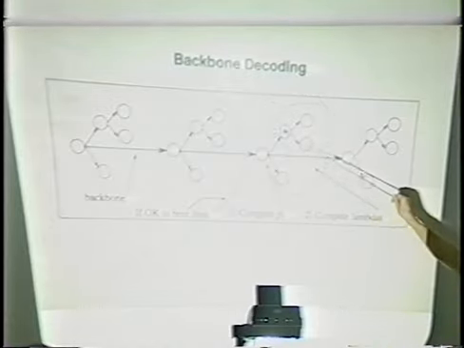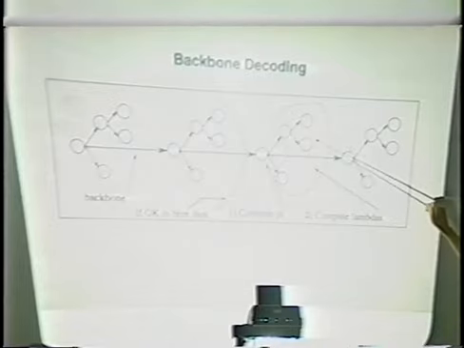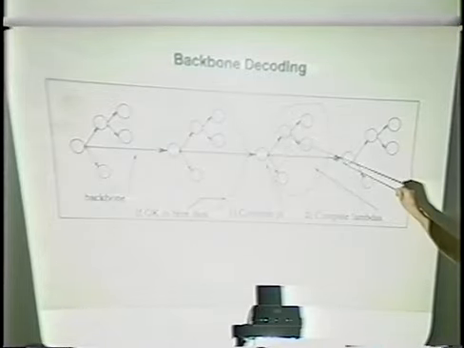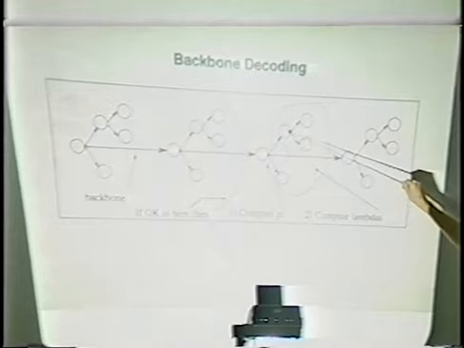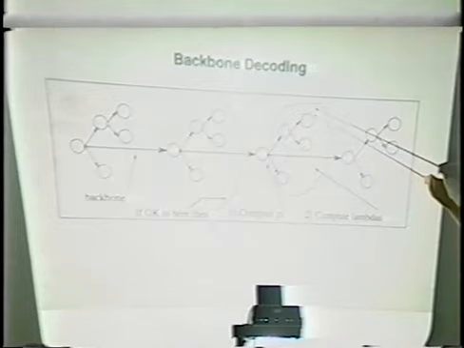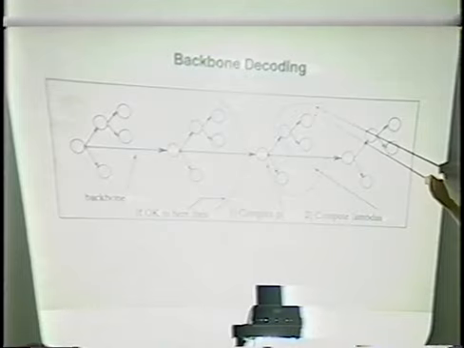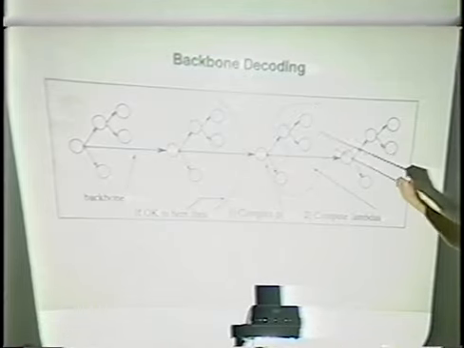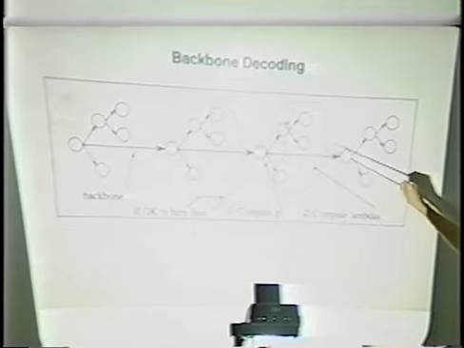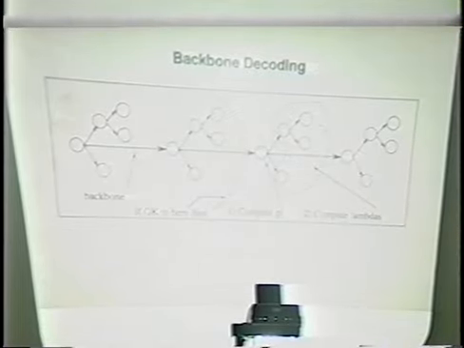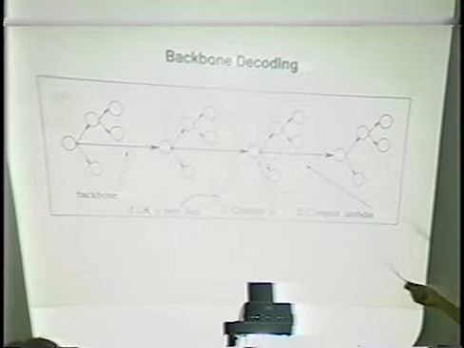And then you need to compute the pi's for the side chains, which you can do because at the time that it comes to compute the pi's for the side chains, you have the pi for the parent, and you have the lambdas for the siblings. You got the lambdas for the siblings on the top-down pass in the first place.